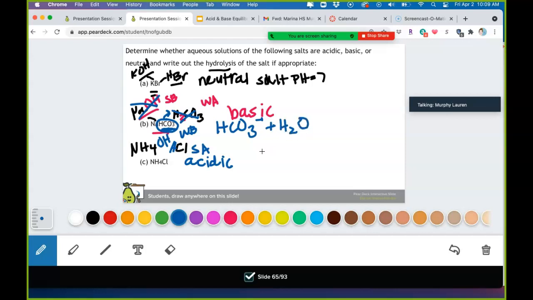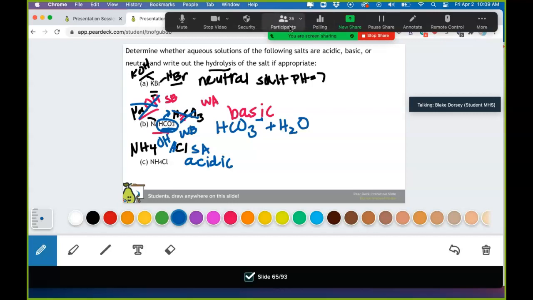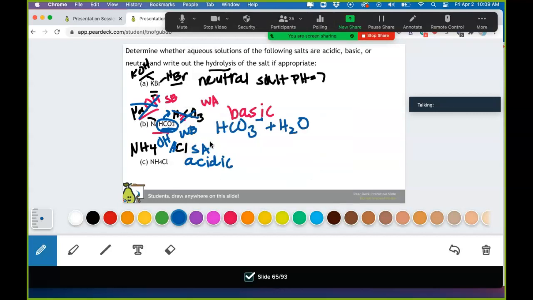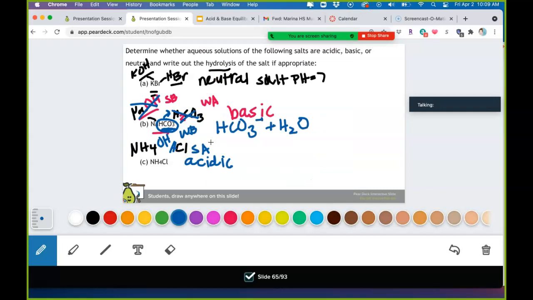Because what's in there? Salt and water. So the hydrolysis means add the water to it. Well, now it's your job to understand how this is going to behave. If this part of the salt came from a weak acid, this part right here is a conjugate base.